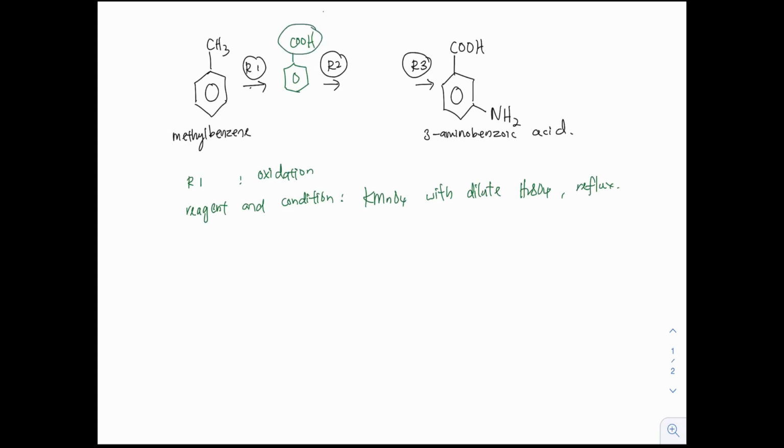Since COOH is an electron withdrawing group, which is also a 3-directing group, this will direct whatever electrophile to the 3 position. So the reaction is electrophilic substitution. The reagents and conditions that we need are concentrated HNO3 and concentrated H2SO4.